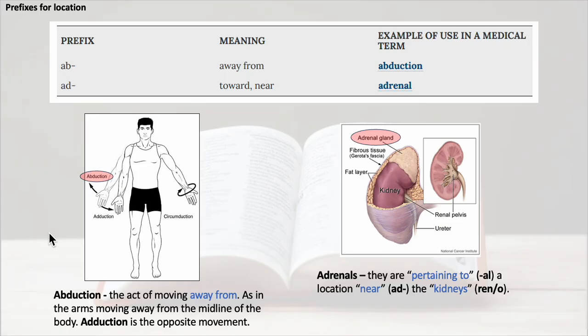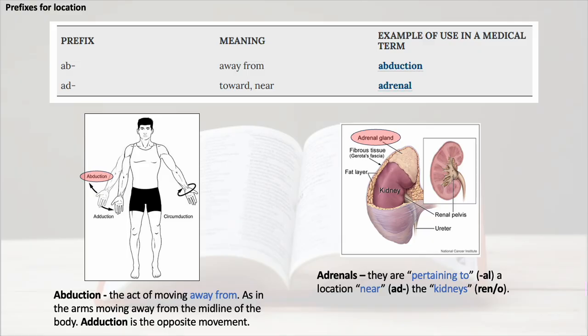Abduction refers to moving a limb away from the midline of the body. So moving away from. Now, we can see a similar situation here where we have abduction and adduction, similar spelling, but different meaning.